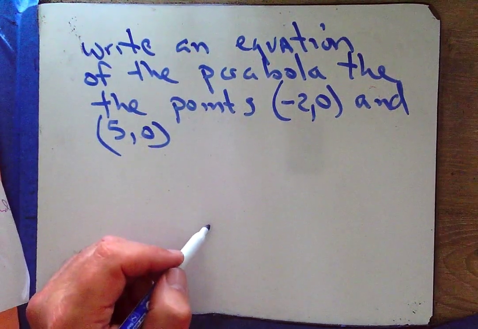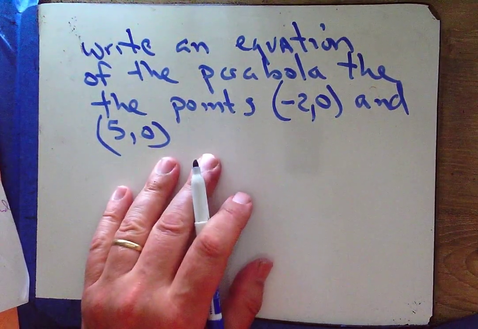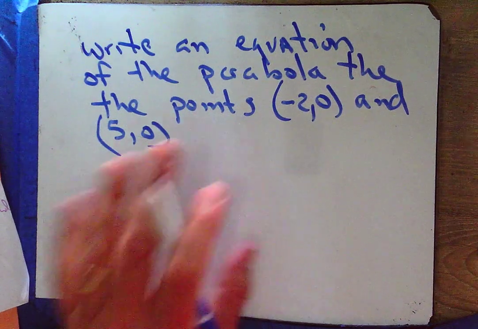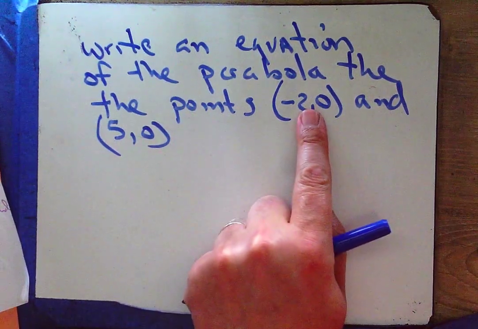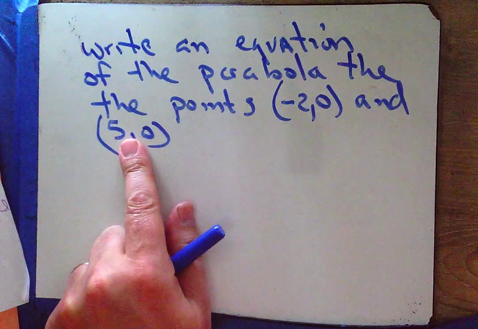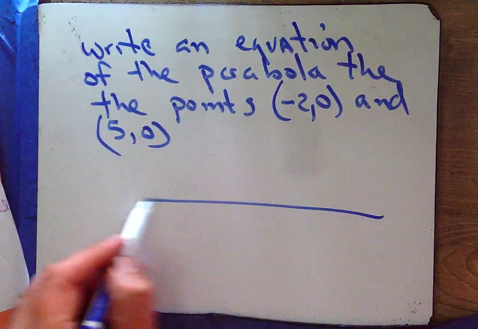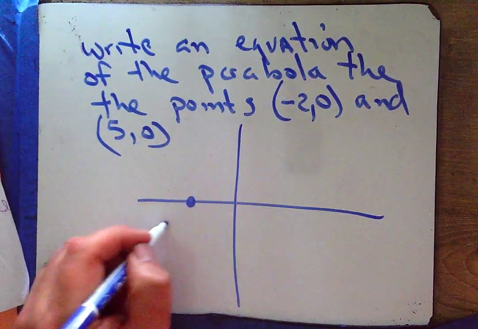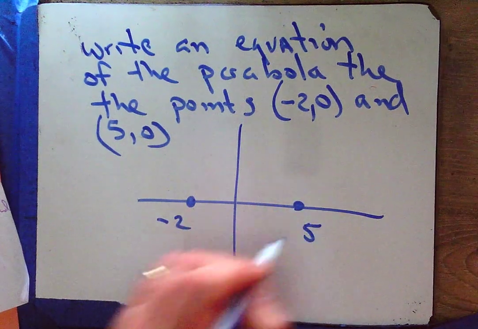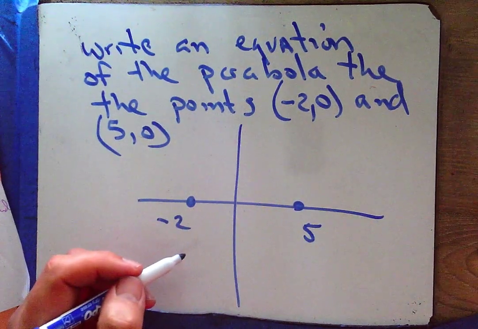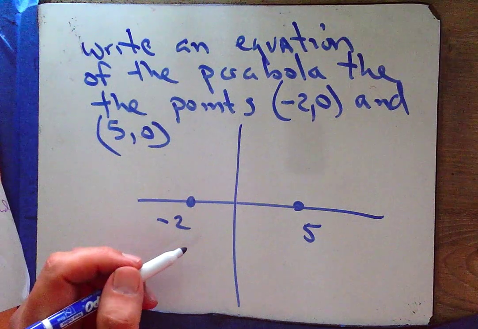Now, some students actually get really stuck on this because they say, that's an x-intercept, that's an x-intercept. Graphically, I know I'm looking at negative 2 and 5, but Mr. Kukla, you haven't given me a third point.